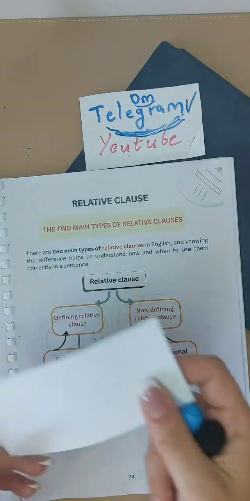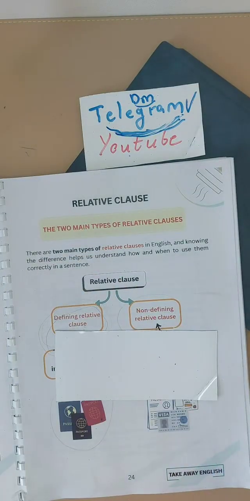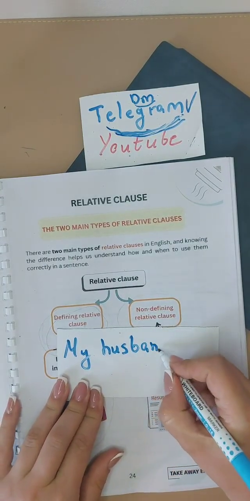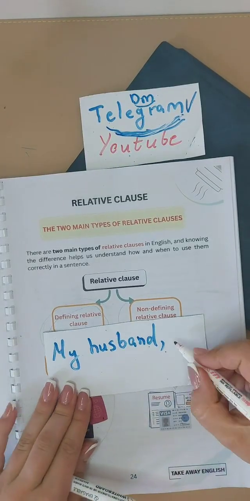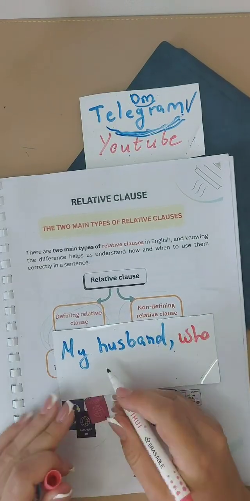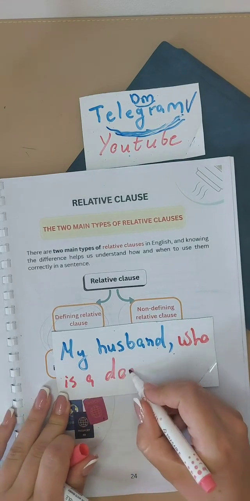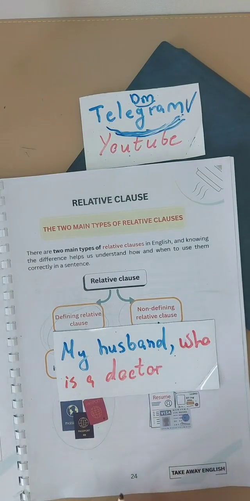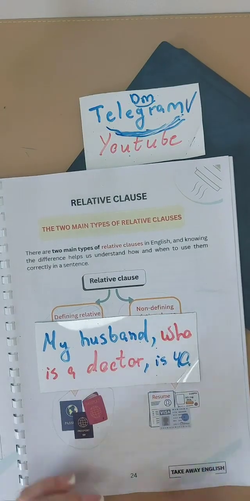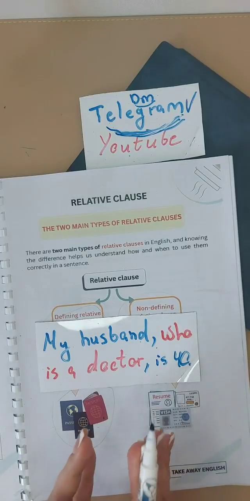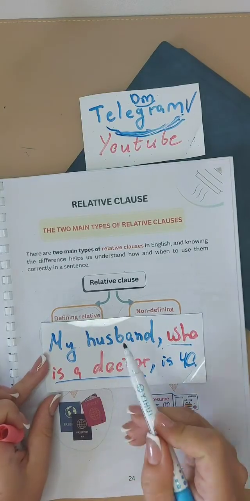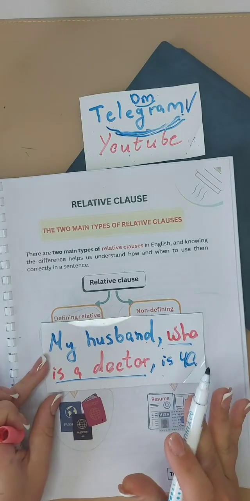For example, my husband, who is a doctor, is 40 years old. Here, if you remove the non-defining clause, the listener still understands who my husband is, right?